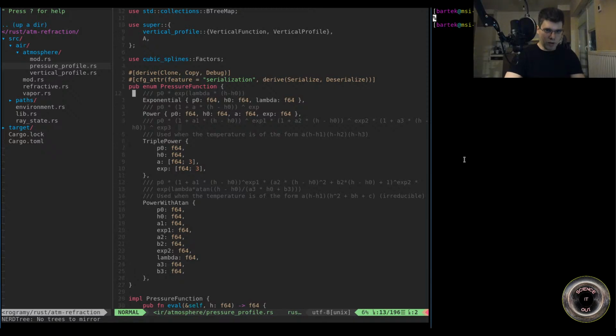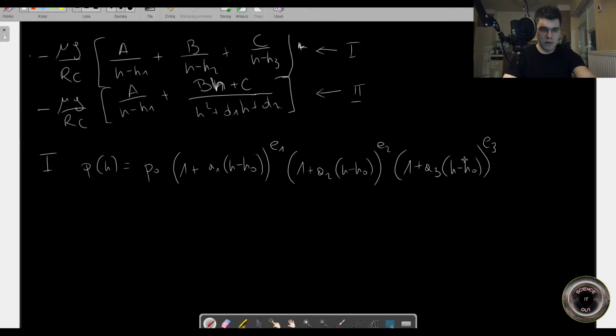So we have exponential variant. It's when the temperature is linear and it's constant. There is a power variant, which is when temperature is linear and non-constant. There is this triple power, which is basically this, and there is this fourth variant, which corresponds to this second case here, and this second case here is actually P of H equals P0.